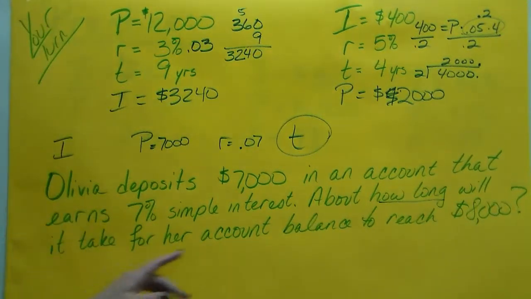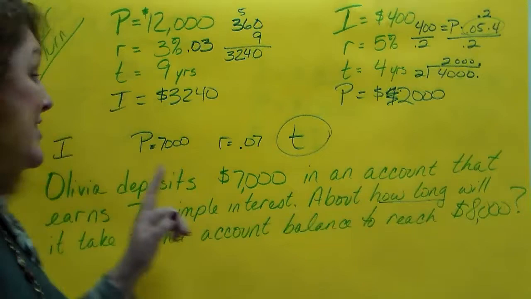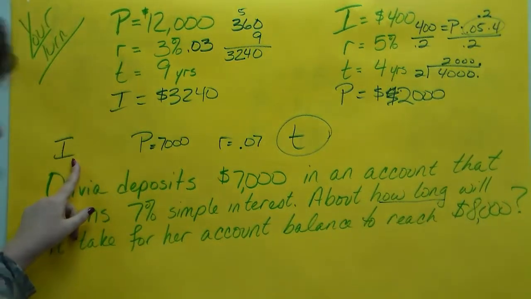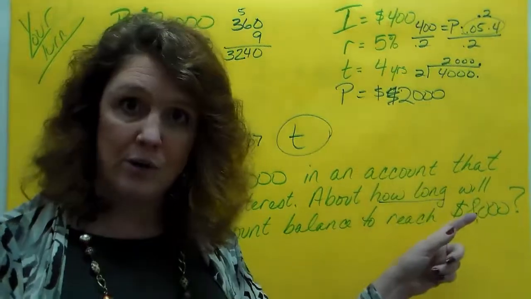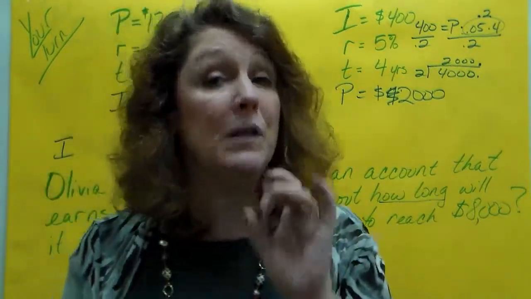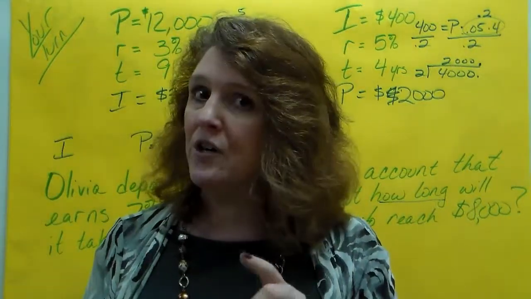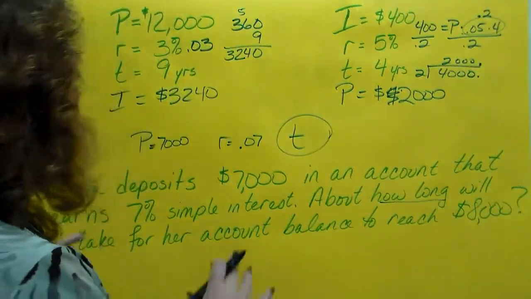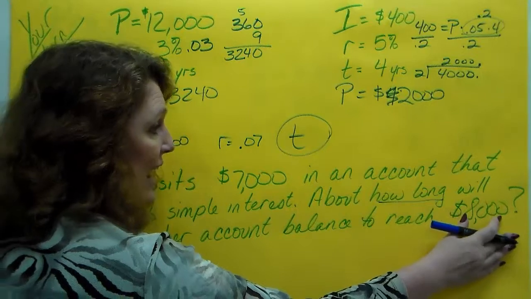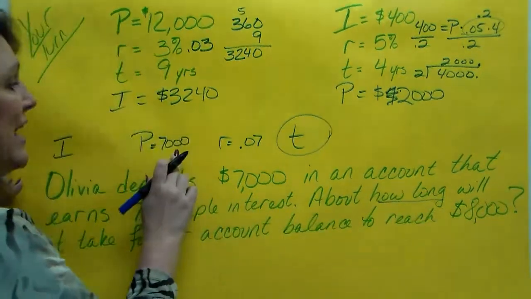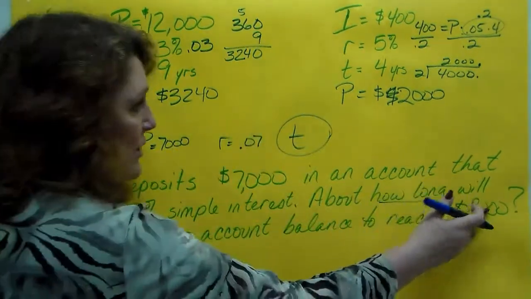Now the question is, does that mean 8,000 is our interest? No, it doesn't. It means 8,000 is the total. The total is principal plus interest. And I need you to understand the difference. We want to know when her balance, everything in her account, is going to equal 8,000. That means 7,000 plus what equals 8,000.